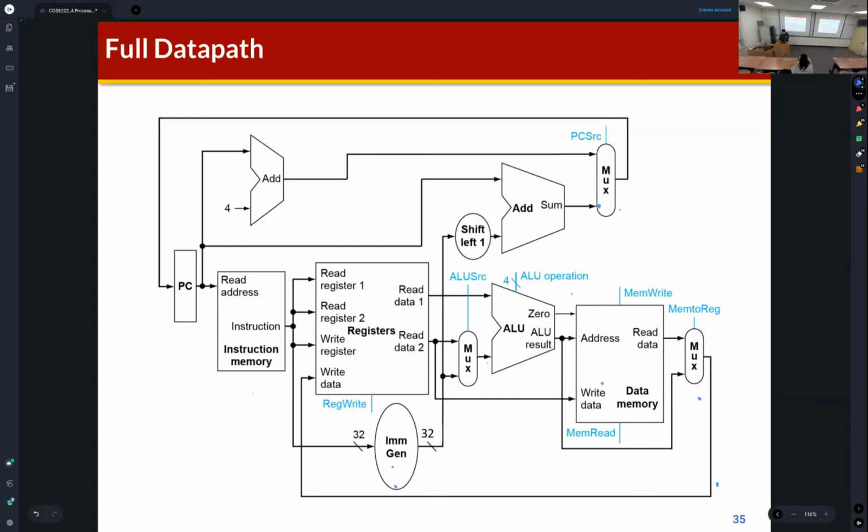So we can build the data path of the single cycle processor like this figure. Okay. So in this figure, you can find some hardware components here, and also you can find some connections like here. So you can find the data connections.